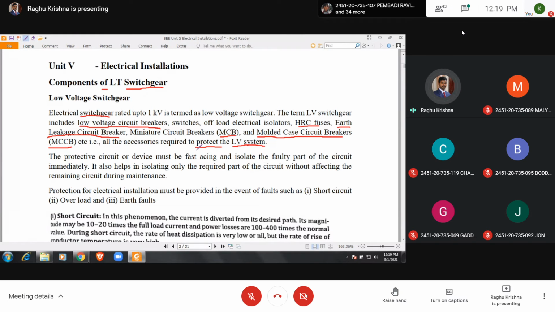Switchgear consists of switches, isolators, HRC fuses, ELCB, MCB, MCCB, etc. So that is about switchgear.